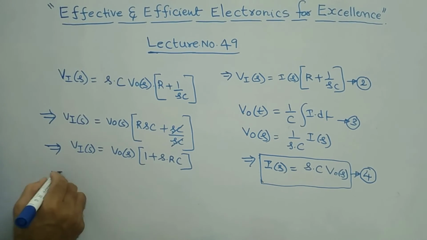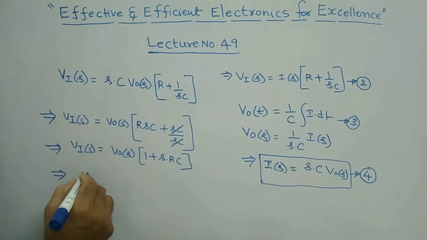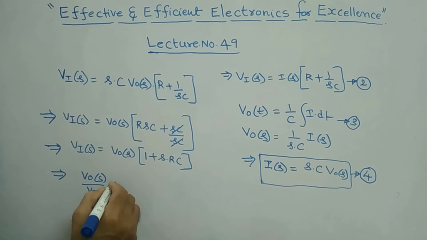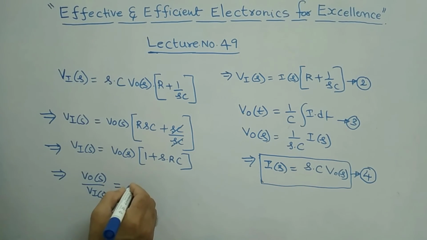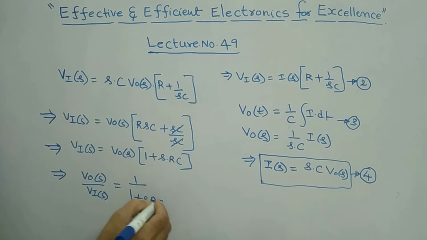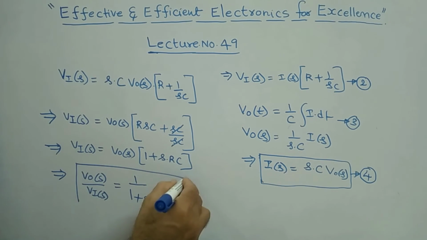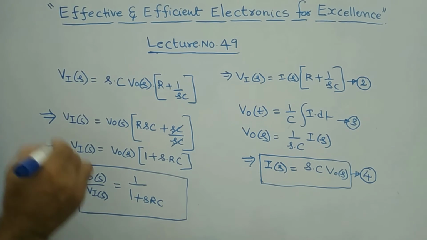Therefore, now it is easy, no? Now bring the ratio V naught of S by Vi of S, nothing but 1 by 1 plus S into RC. This is what your transfer function basically.